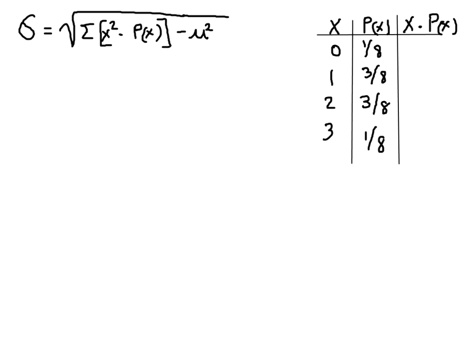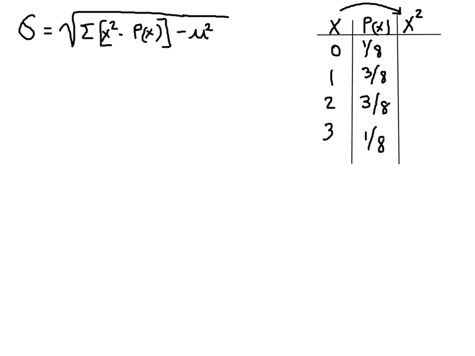Okay, so what I'm going to do is create a different column for x squared, just so that we keep everything organized. So I'm going to take x and square it.